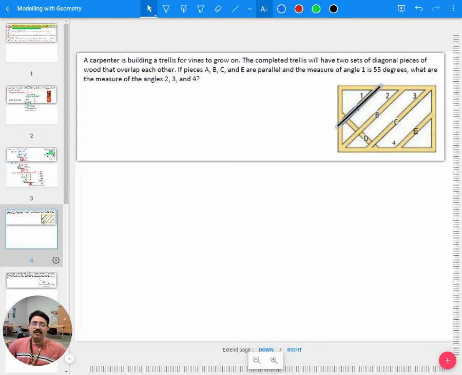Okay, this is one, and this is the next one, and this is the third one. These all are parallel lines. My bad. Okay. So these all are parallel lines.